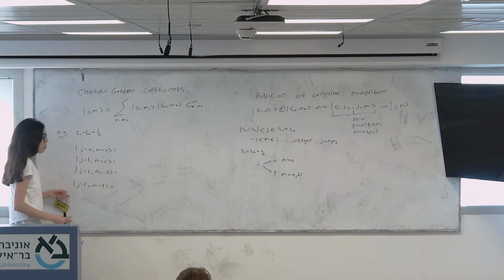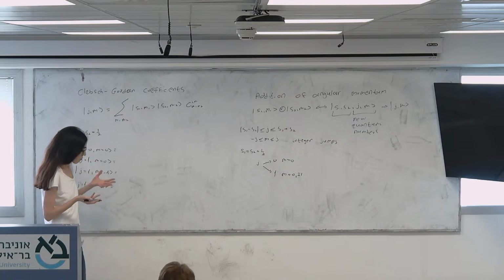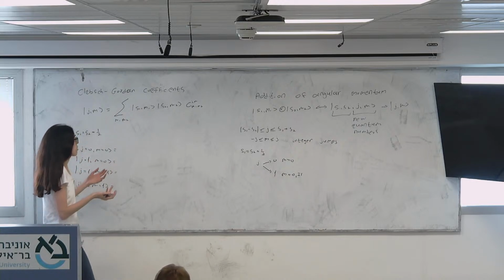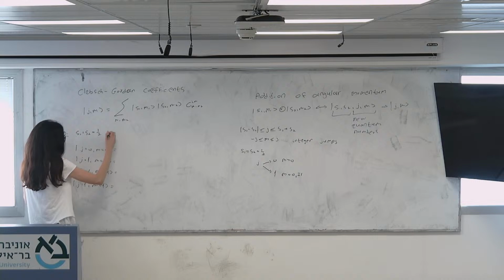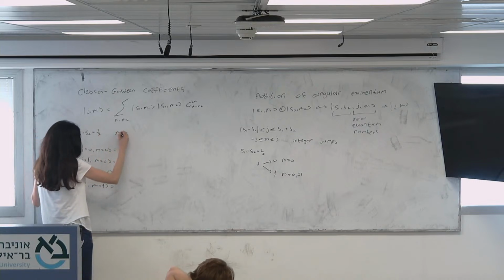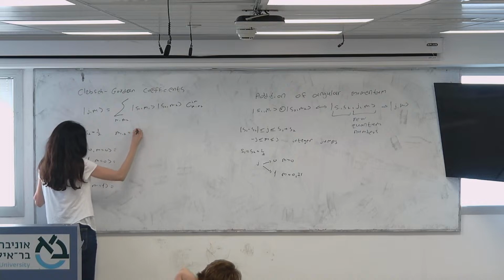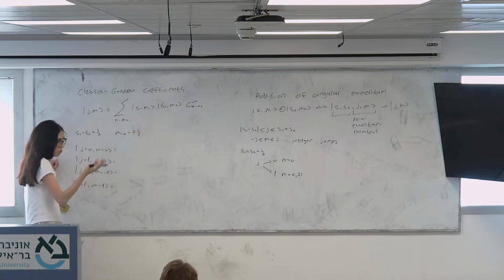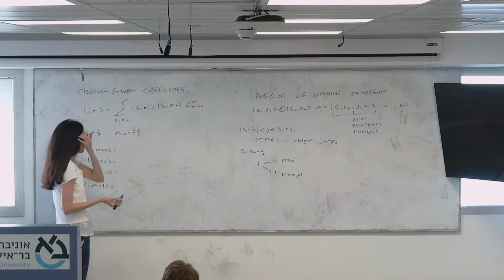Those are going to be a superposition of the states of S1 and S2 equal half, and M1, M2 equal plus minus half. So overall also 4 states.